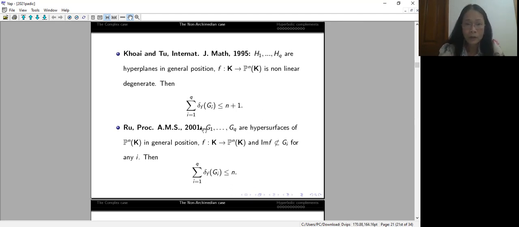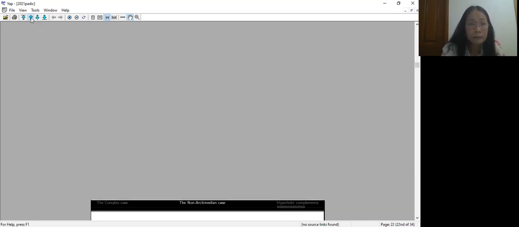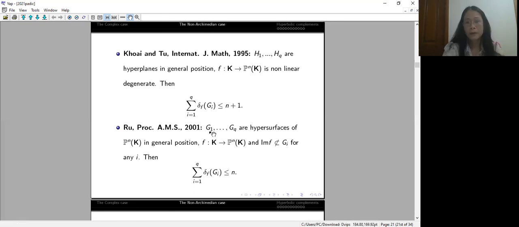And then in 2001, Ru reduced the number to n, what we expect, but also here we don't get anything related to ignoring multiplicity. We have to count all of the multiplicity. Remember here, f is an analytic curve into projective space.